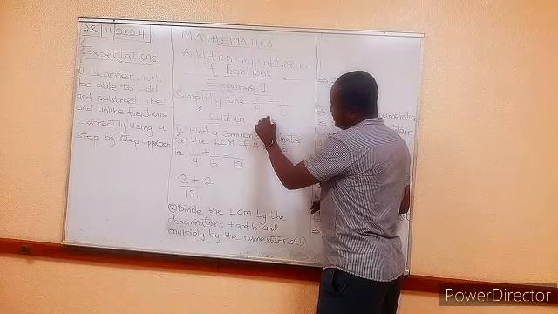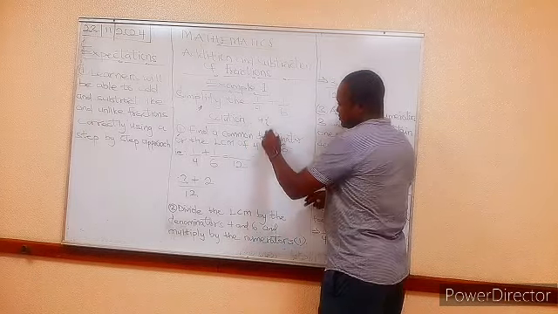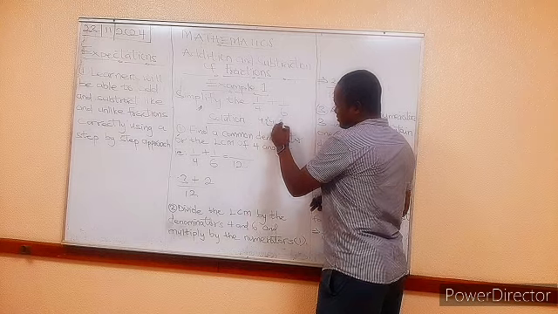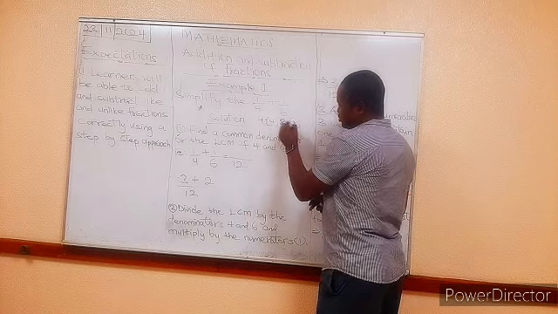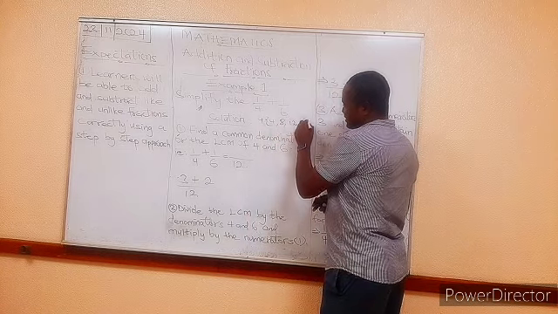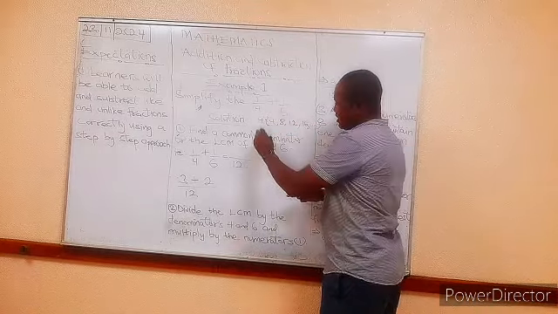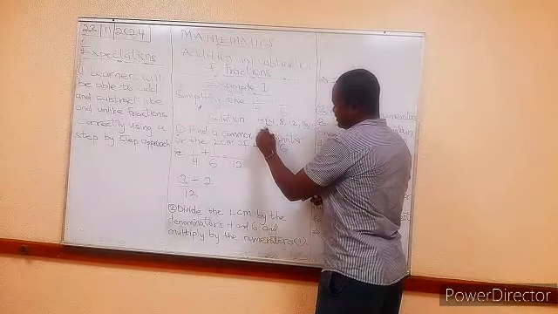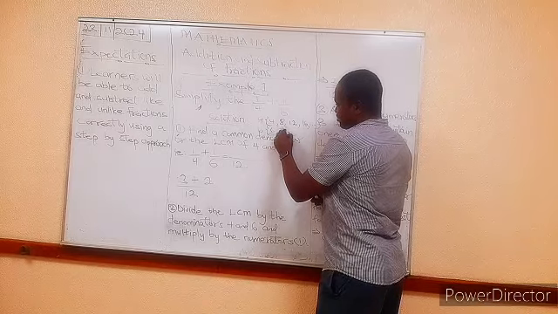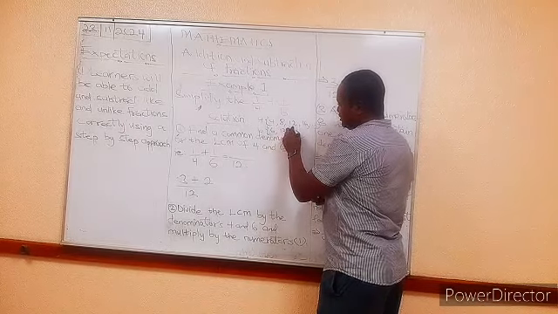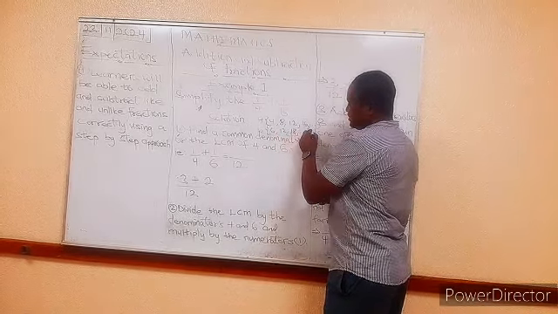So we do this: multiples of 4, 8, 12, 16, etc. Then we look at multiples of 6: 12, 18, and so on.